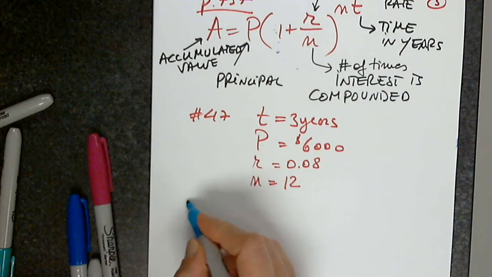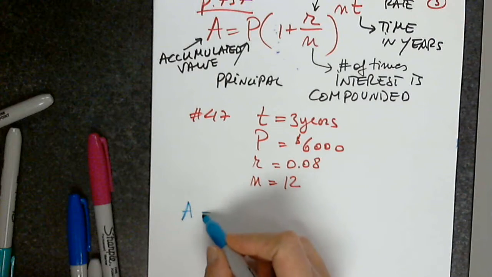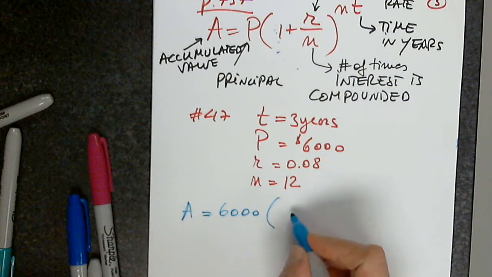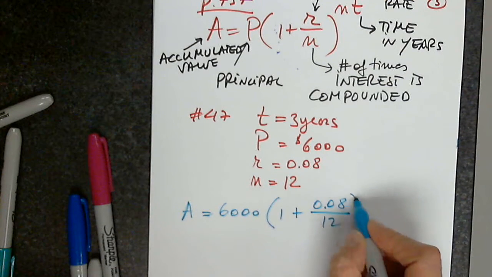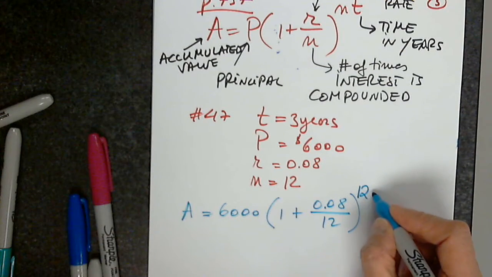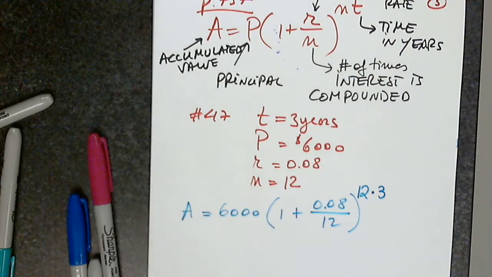So please dictate how much she owes at the end of 3 years. You will say A equals, what do I write? 6,000. Correct? Yes? 1 plus 0.08 over 12 parentheses exponent 12 times 3. That's it. We can't do anything. We have to do it with a calculator. So get out of there with second and quit. The quit button is right next to second. Second and quit.